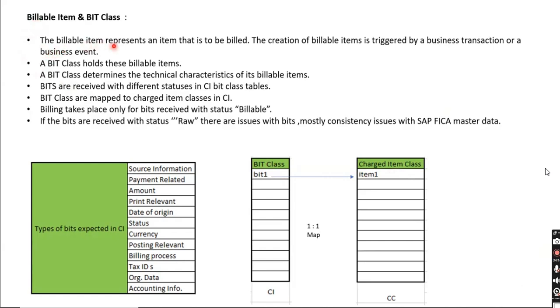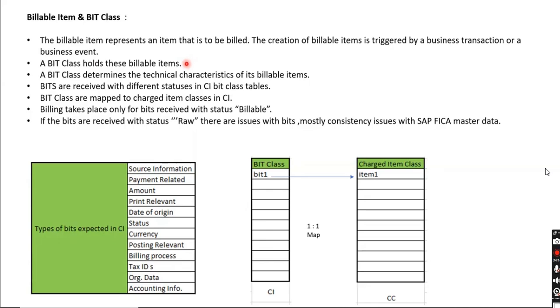The billable item represents an item that is to be billed. The creation of a billable item is triggered by a business transaction or a business event. So once a particular event takes place, the business transactions or the bits are created. A bit class holds this billable item. So when a bit comes, it has to follow a particular bit class.